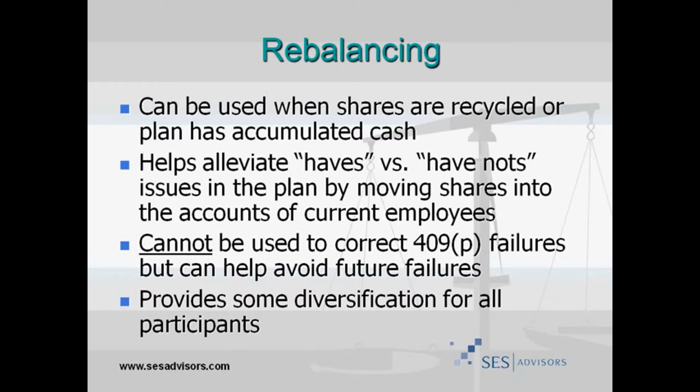For those of you who aren't familiar with 409P, it only applies to S corporations, and if you have participants who are considered to be disqualified participants under 409P, maybe if you use rebalancing, you can help avoid that situation where you're nearing a non-allocation year.